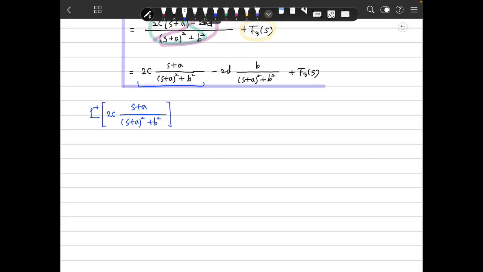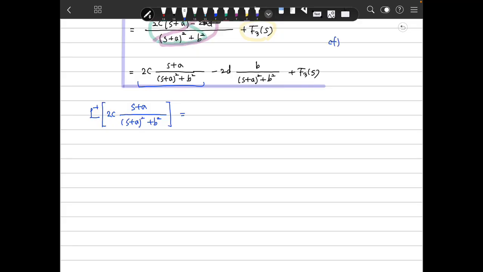This is very familiar. You can find that we need to use two properties of the Laplace transform. We already mentioned them.